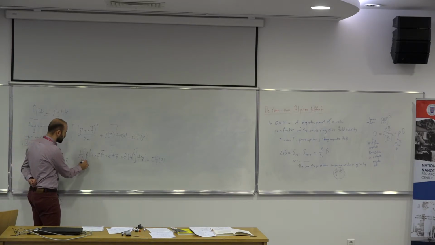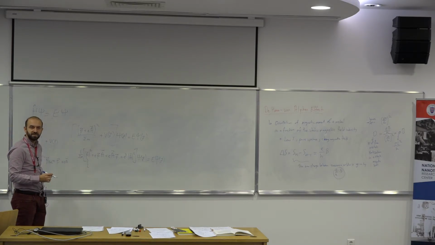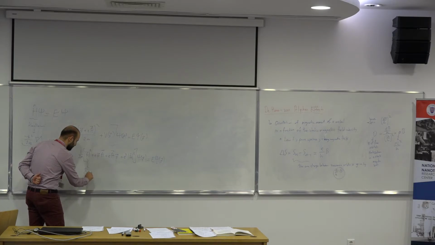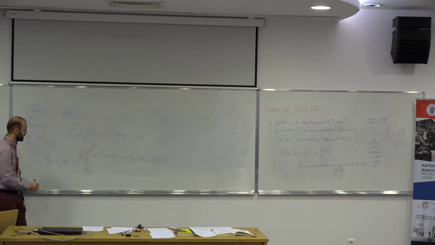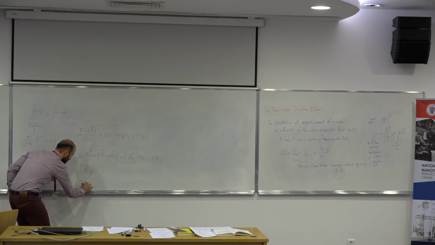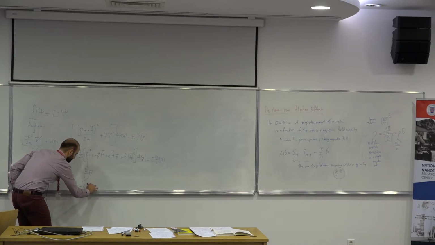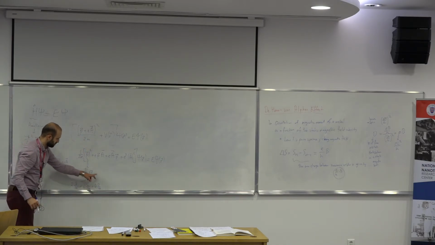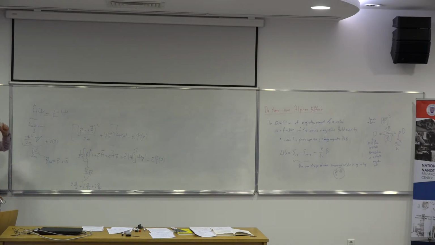Now, if you remember, we figured out the operator for the momentum. So it was h bar over i del. So this guy, for those who need refreshing of their memories, is basically this operation with a vector, okay?